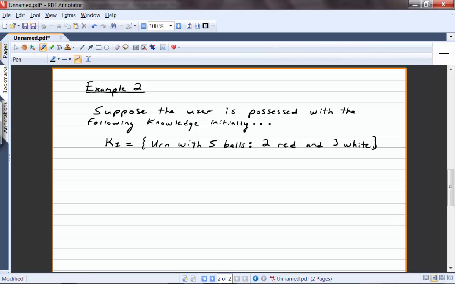So this is what they know initially. Oh, they also know another thing. They also know that 1 ball is drawn at a time from this urn, but without replacement, which means that the ball is drawn and it's set off to the side. It's not put back in the urn before another draw is made.